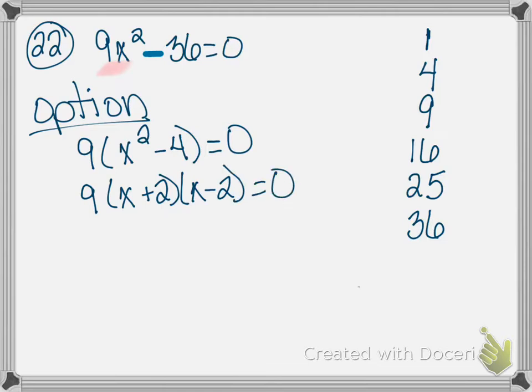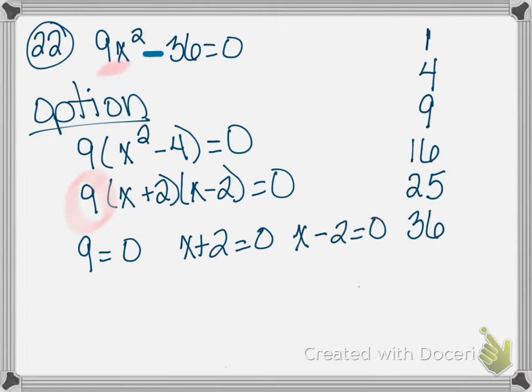Now, we have 3 factors here. This one right here does not involve an x. If you want to, you could write 9 equals 0, and then x plus 2 equals 0, and x minus 2 equals 0. But 9 equals 0 is just not true.